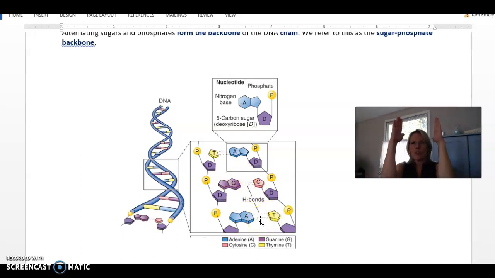So the sugar phosphate backbone is on the outside, and the bases point inward and bind to each other, and they form these little hydrogen bonds between them. Once that has happened, the whole molecule will twist into this helix shape, like you see here. And that is the form of DNA in our cells.